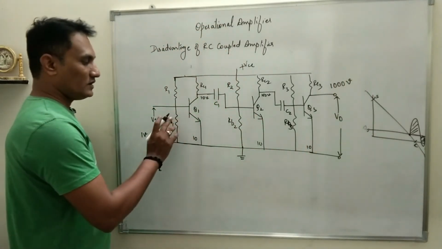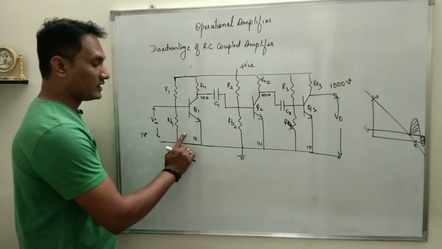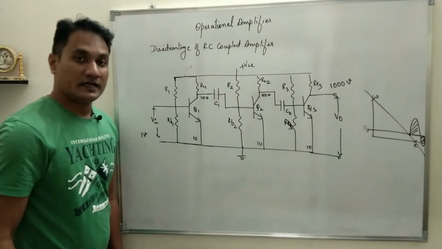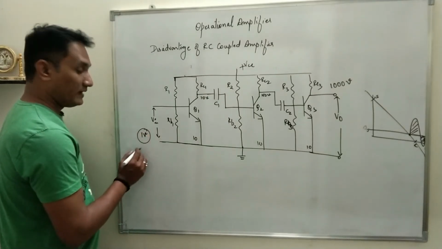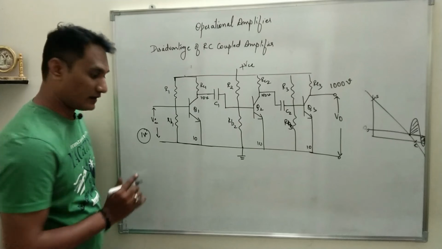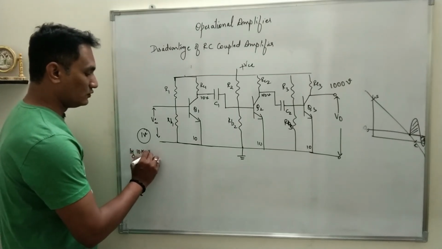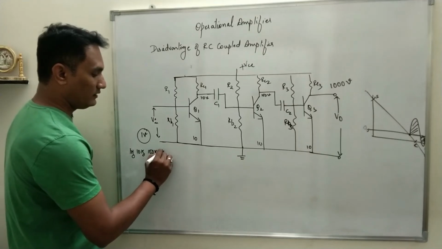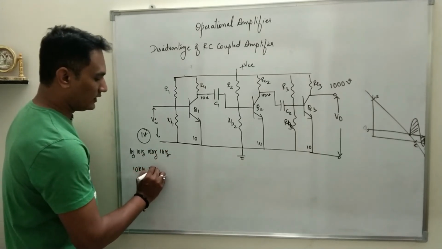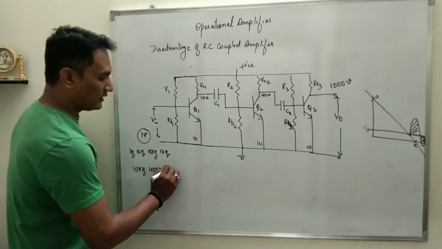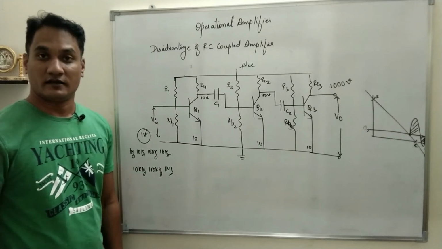So if you give 1 volt, the expected output is 1000 volts if the gain of each stage is 10. Now this 1 volt which we are going to apply can have different frequencies, right from 1 hertz to 10 hertz to 100 hertz to 1 kilohertz to 10 kilohertz to 100 kilohertz to 1 megahertz, anything. This 1 volt can have any frequency, right?